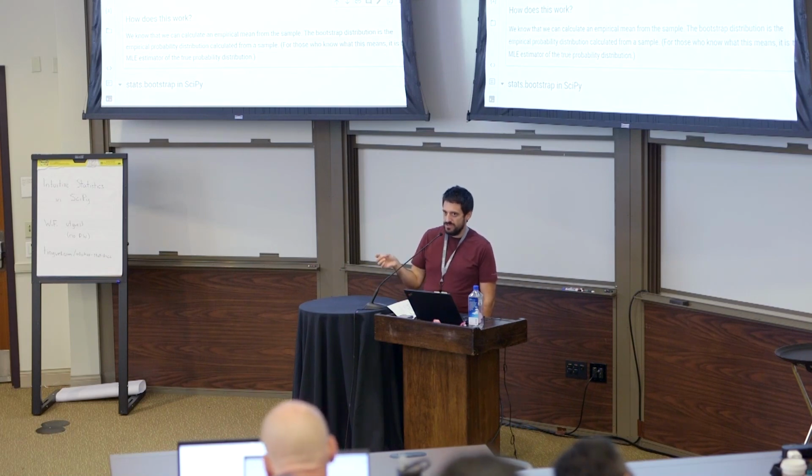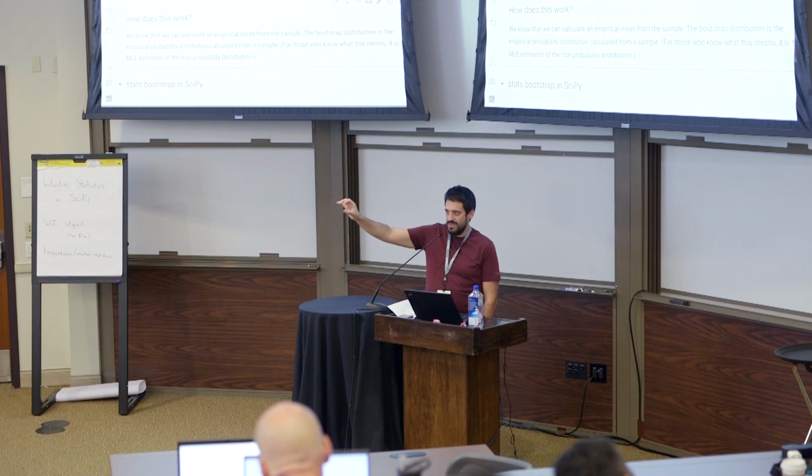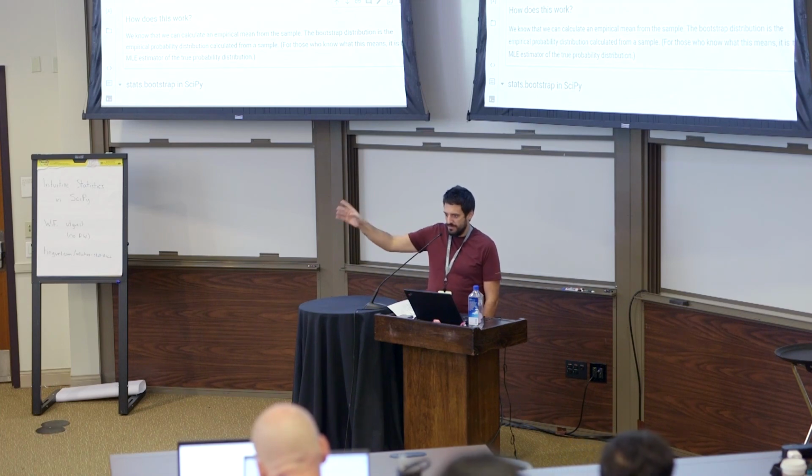For a mean, it's the most likely value of the mean given the data. You take a probability distribution that depends on a mean and turn it around backwards so that it's a function of the data instead of the parameters. Whatever the most likely value is there is your maximum likelihood estimate.